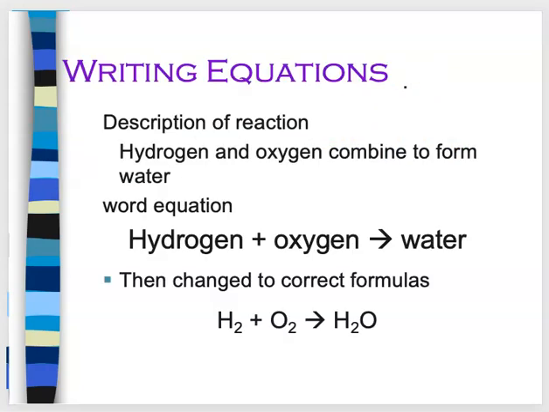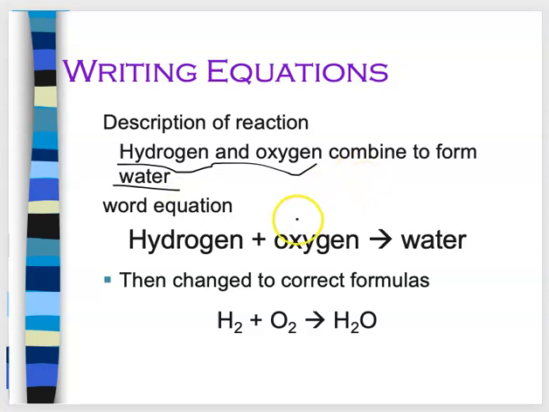So an equation is a chemist's way of describing the reaction, only not having to write it out in word form. So let's say we have a chemical reaction where you're combining hydrogen and oxygen together, and when they do that, they'll form water.